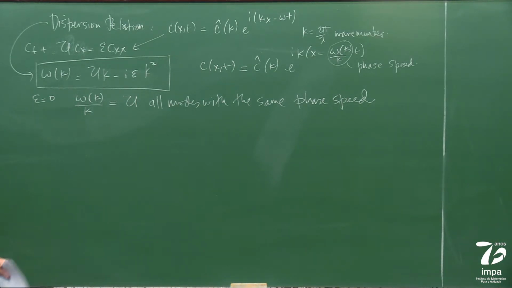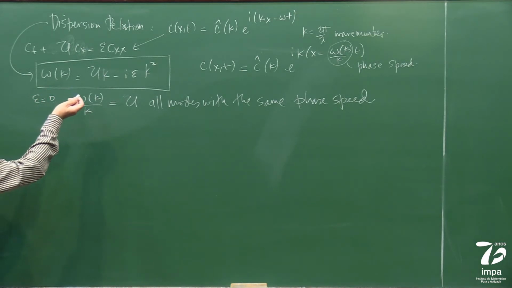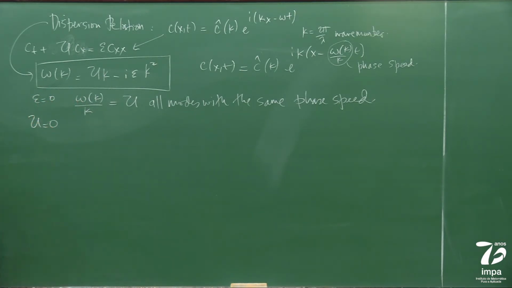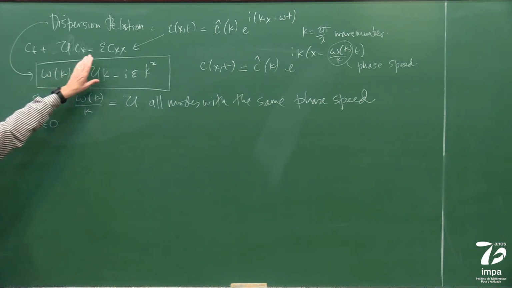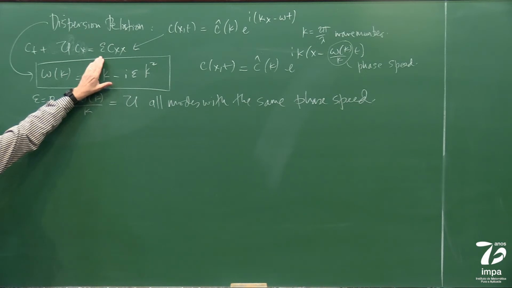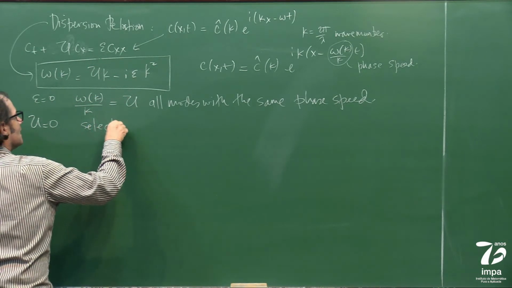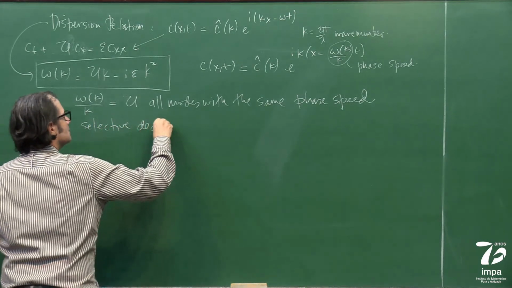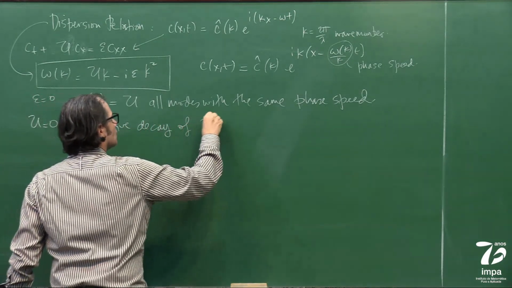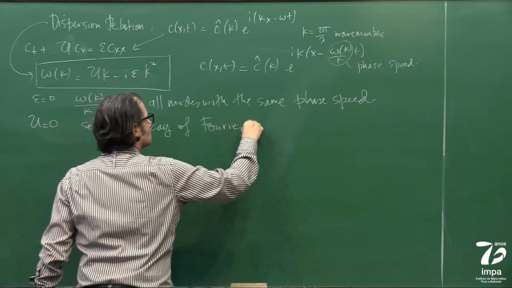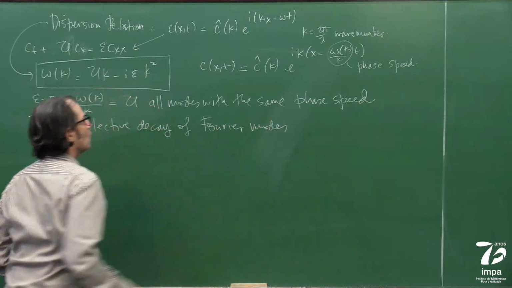Now, let me do the heat equation. I'm going to get a free ride here. If I have u equal to 0, just for the fun of it, look what I have: a selective decay of Fourier modes.